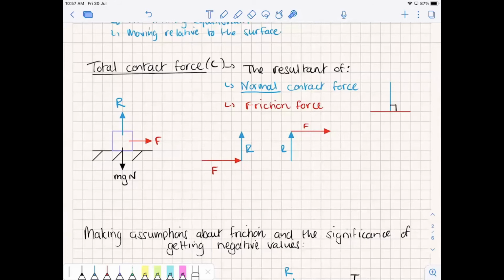Right, so because the normal contact force and the friction force usually work together, we can find out what the total of this force is. The total of these forces is what we call the total contact force.